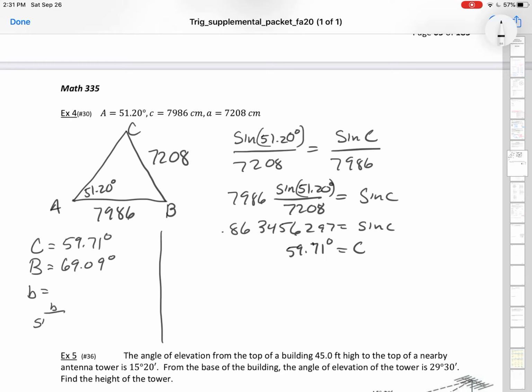Little b over sine of 69.09 needs to be equal to, I'll stick with the original, 7208 over sine of 51.20. And so let's find out what little b is. 7208 divided by sine of 51.2 times sine of 69.09.